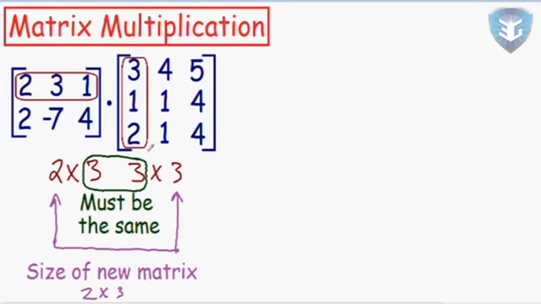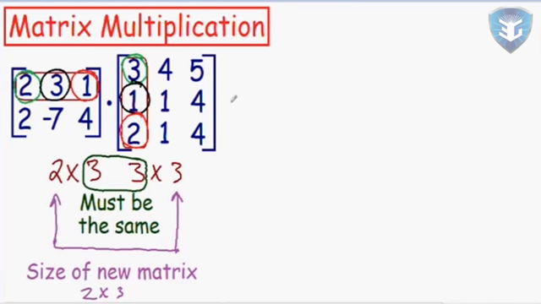And just to make things a little easier to see when we multiply, I'm going to circle the first number in the row in green, and the first number in the column in green, the second number in the row in black, and the second number in the column in black, and the third number in the row in red, and also the third number in the column in red.